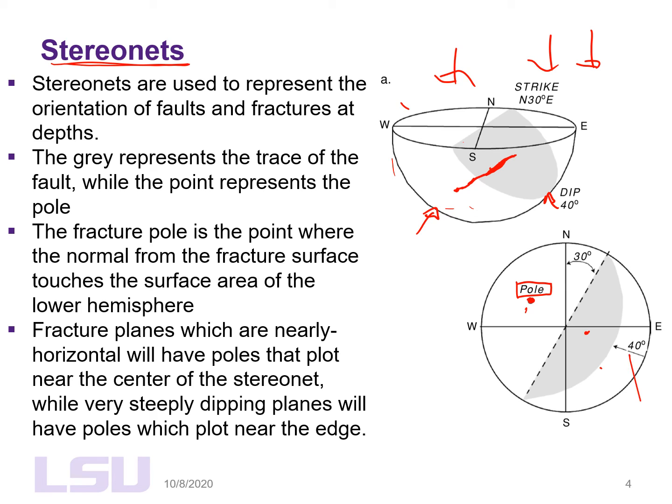So it's easy to see, right? Because this is about 30 degrees, you already know it's going to plot on the other side of this quadrant, right? Which is precisely here. If the fault were completely vertical, instead of dipping at 40 degrees, where do you think the pole will be? So if it were completely vertical, meaning like this, then the unit normal will point this way, right?